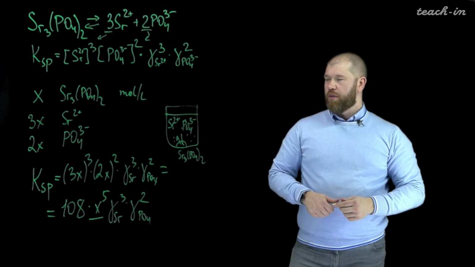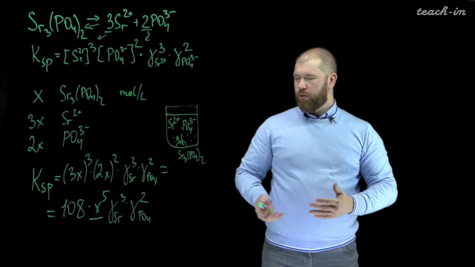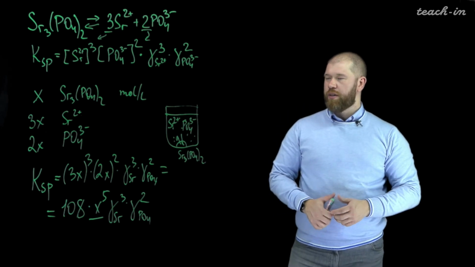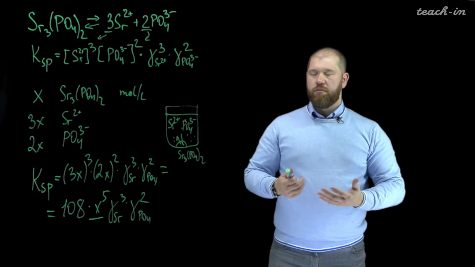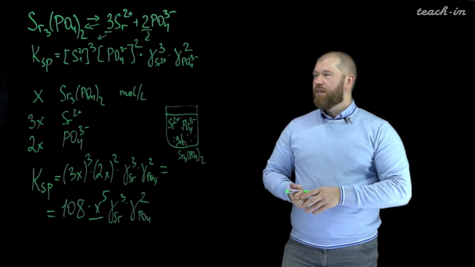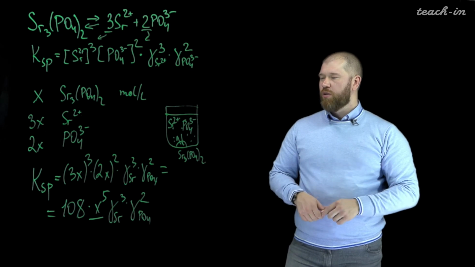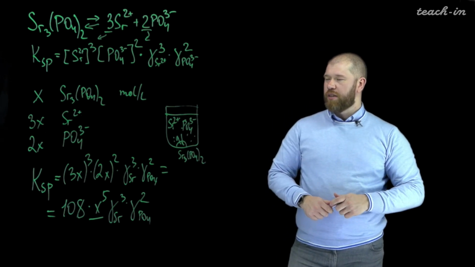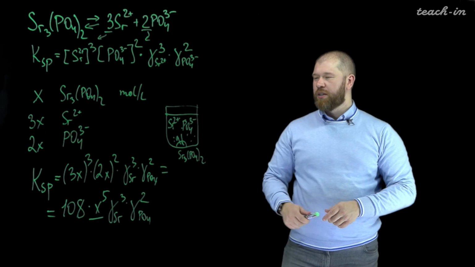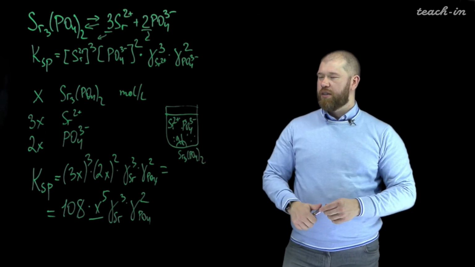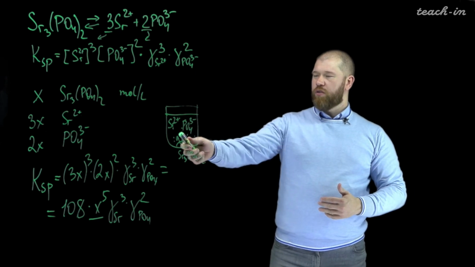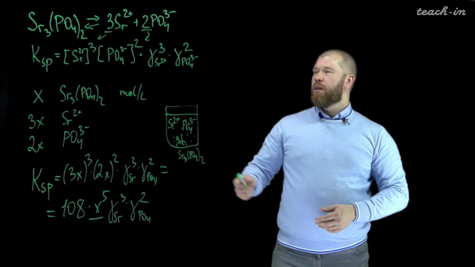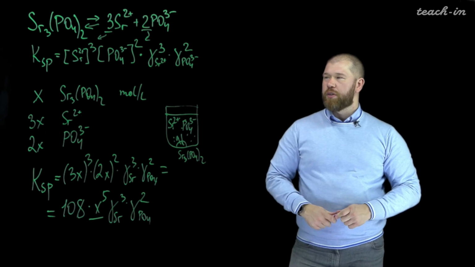In a saturated solution of strontium phosphate, that means that if we have a precipitate of strontium phosphate in the system, and due to the slight solubility of this precipitate, we have strontium and phosphate ions in the solution over this precipitate, and as far as it is a dynamic process, the concentration of these ions of strontium and phosphate cannot be higher than the solubility product of this precipitate.